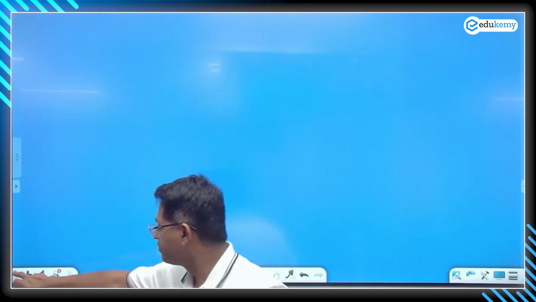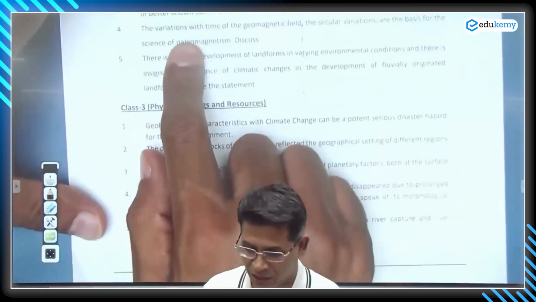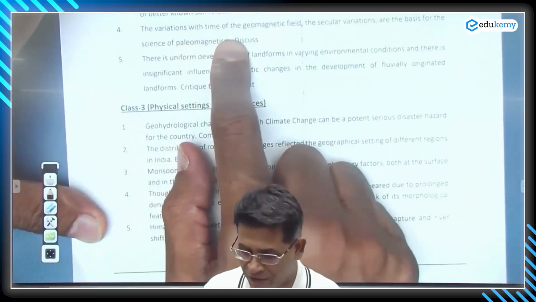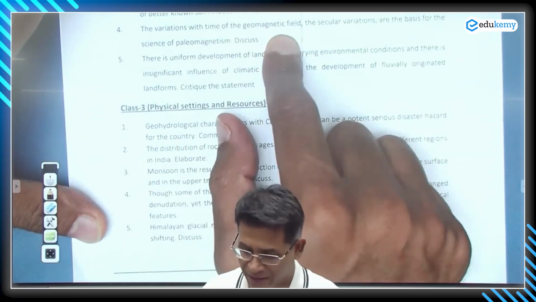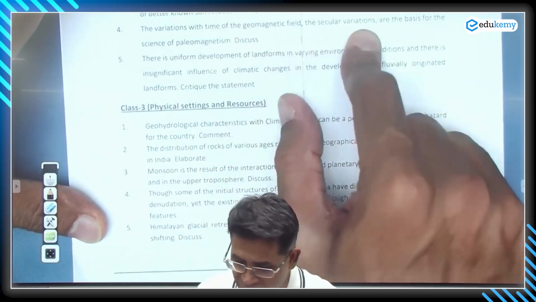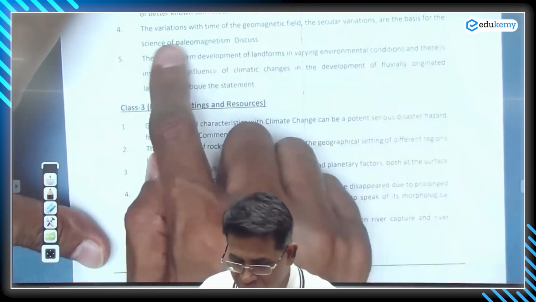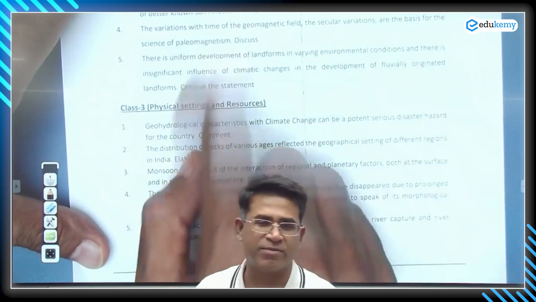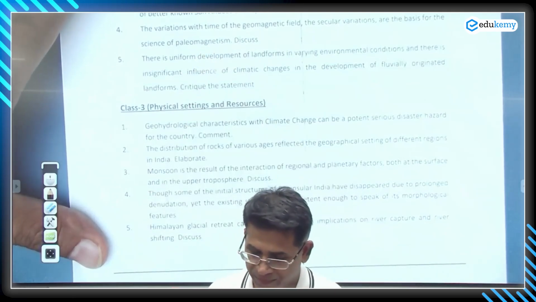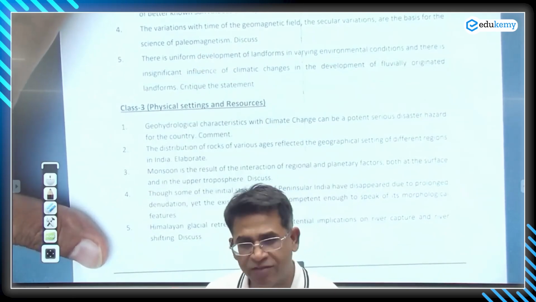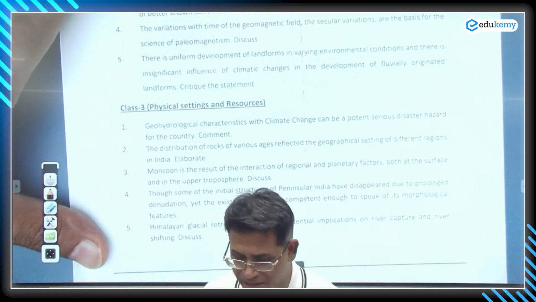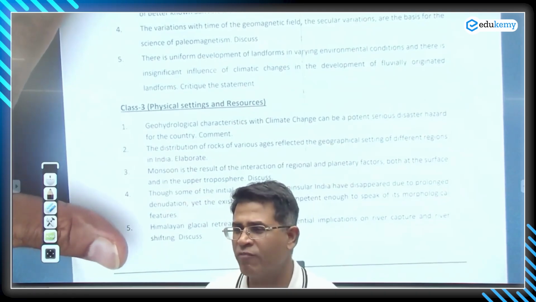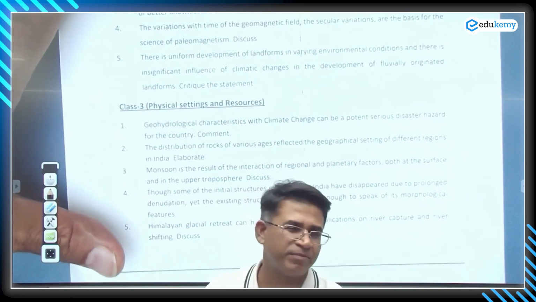No worries. The variations with time of the geomagnetic field, the secular variations, are the basis of the science of paleomagnetism.